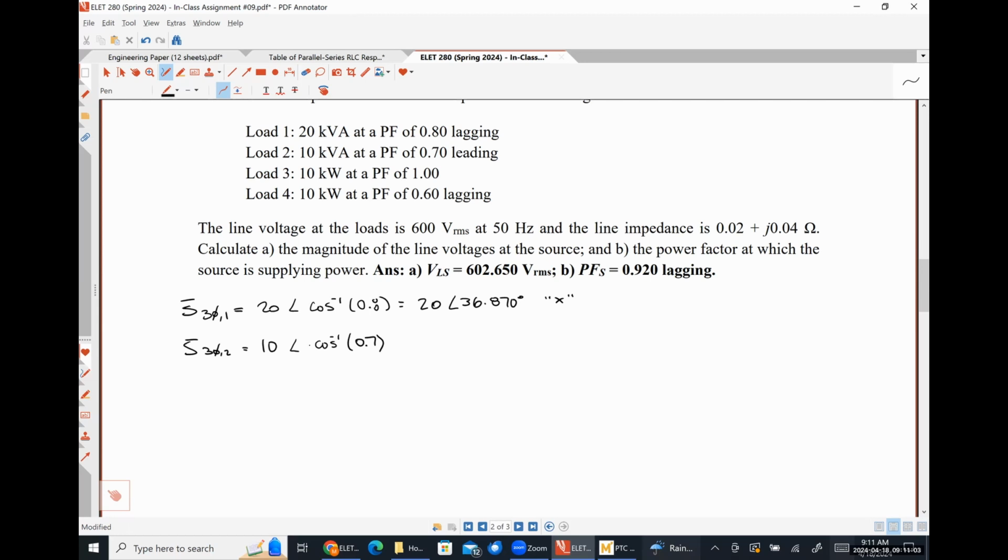I put a negative sign in front of the inverse cosine. So that's going to be 10 angle negative inverse cosine 0.7, which gives me 10 angle negative 45.573. Storing that in my calculator as Y.